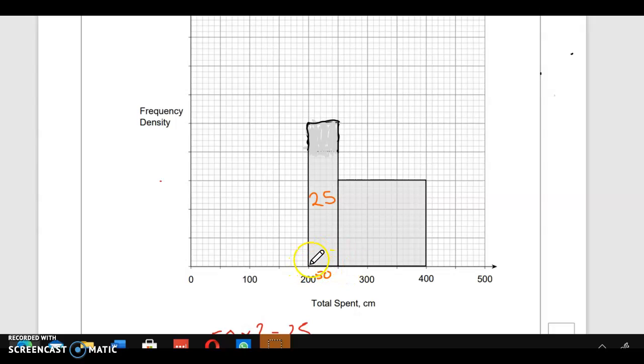So the 25 divided by 50 gives us the frequency density. So the frequency density, the height of this, is 25 divided by 50, which is a half, okay? So this is telling you that the height of this is 0.5, okay?